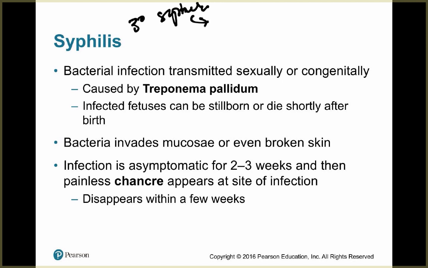It's characterized by gummas, which are lesions that develop in the central nervous system, blood vessels, bones, and skin. It's very much treatable through the use of penicillin, but the number of cases has been increasing.